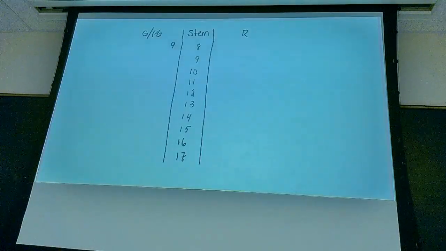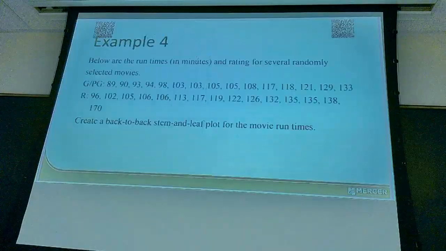I'm going to write right to left for the left leaves. And then I'll write the normal way, left to right, for the right side. The 90s, list out the leaves. 8430.